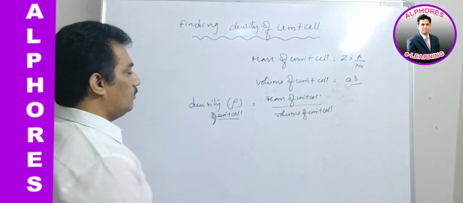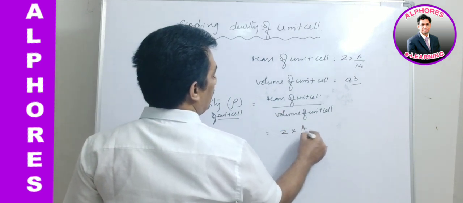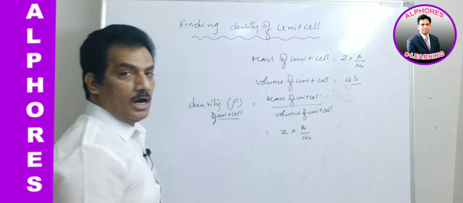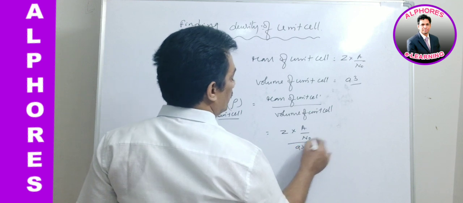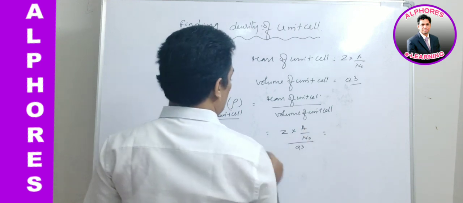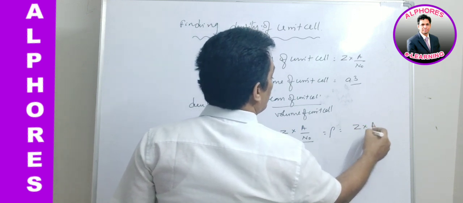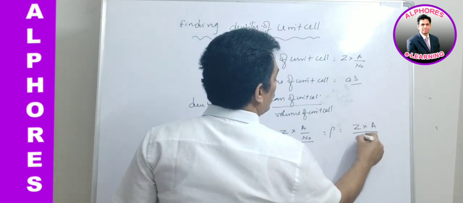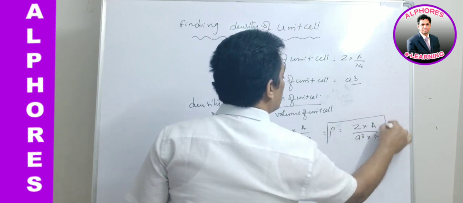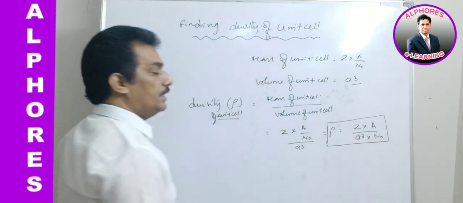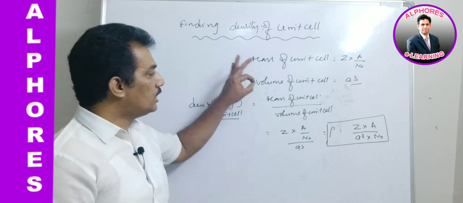Let us consider mass of unit cell Z into A by N naught, and volume of unit cell a cube. Simply on rearrangement we are getting rho is equal to Z into A by a cube into N naught. This is the formula to calculate the density of unit cell. Are you clear with all these three? Be thorough with this one.